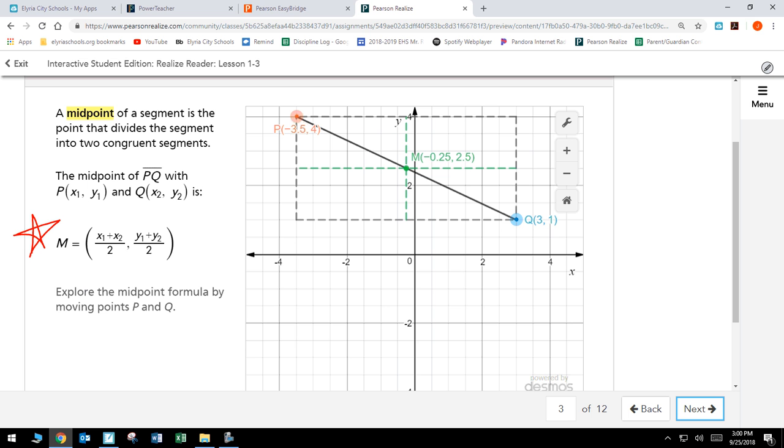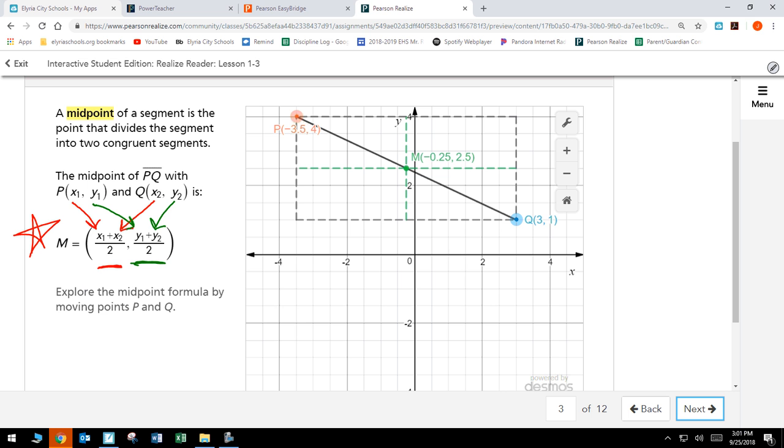Now, to find that halfway mark, given 2 points, you can add the two x values together and divide by 2, and that'll give you a new x value for your midpoint coordinate. And likewise, for the y values, you can add them together and divide by 2 to get a new y value.